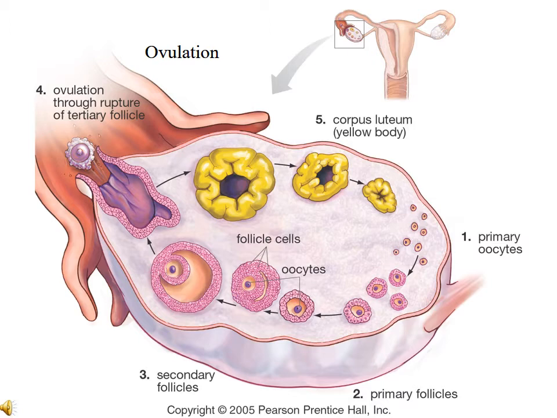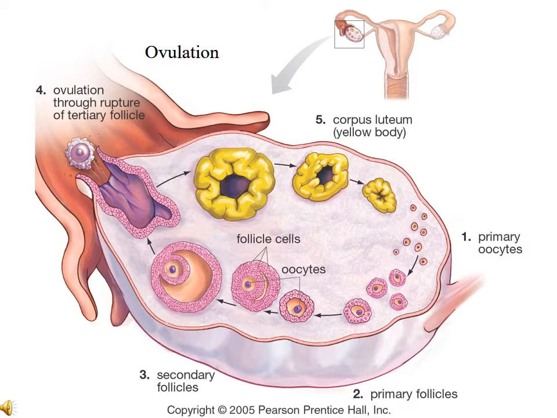And the development process results in the formation of follicles, and these follicles mature to the point that at a given time in the female cycle, that egg is going to be released into the oviduct or fallopian tube.